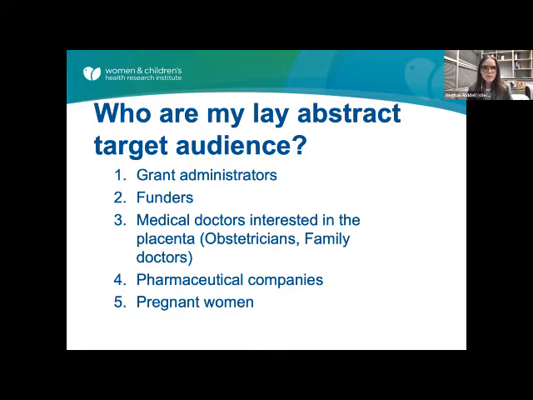One of the key people that I wanted to reach that aren't specialists, mostly about soliciting interest in my work, would be medical doctors. So in this case, obstetricians or family doctors, pharmaceutical companies, because in vitro screening platforms are really important, and ultimately pregnant women. So that's quite a different list than the technical abstract.